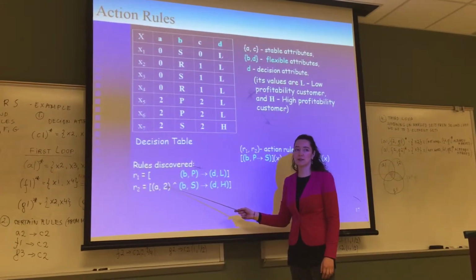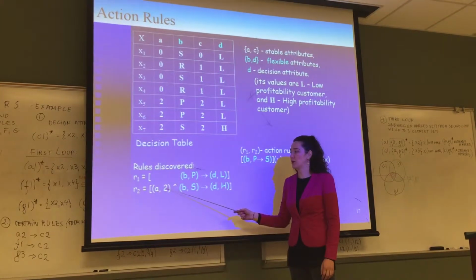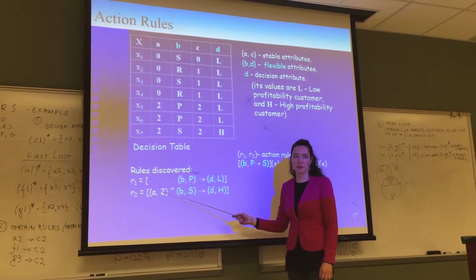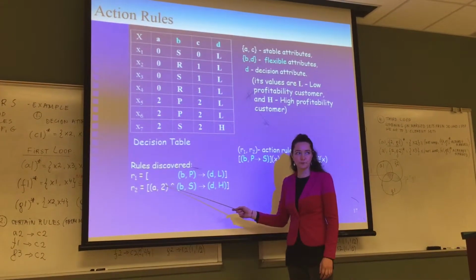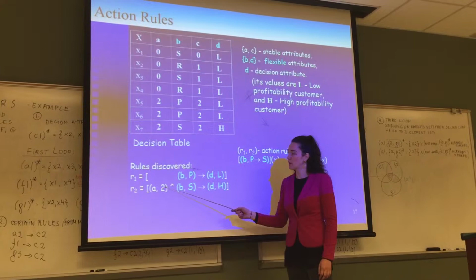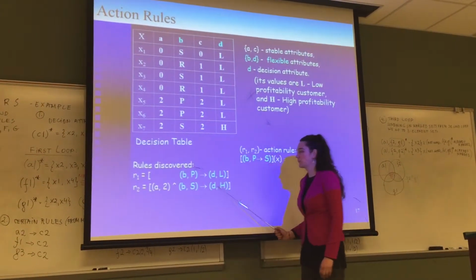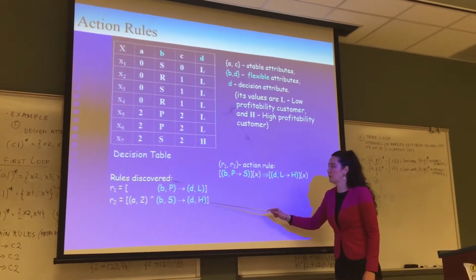Let's say this is their age, or this is their birth town, or something like that. So if they're born in that town and they have a master's degree, they're high profitability customers. For example, this is the description of high profitability.